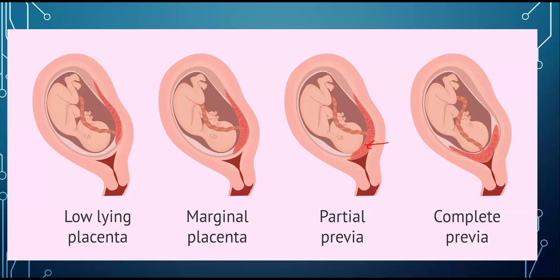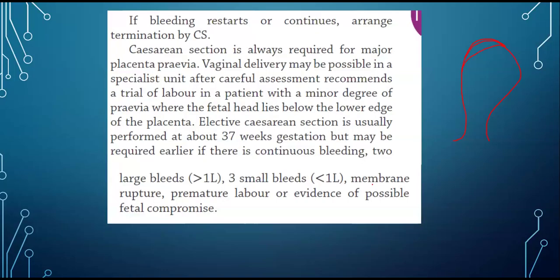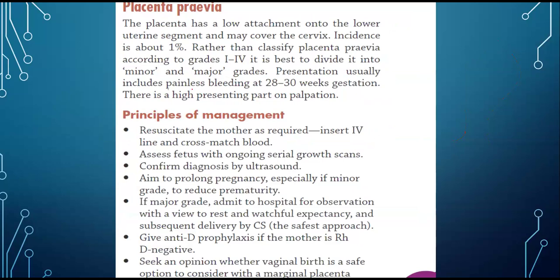Sometimes there are lots of small immature blood vessels over here, and they can get ruptured and cause per vaginal bleeding. So it causes painless per vaginal bleeding. It's very easy to diagnose: painless per vaginal bleeding after the 20th week of pregnancy is most likely placenta previa.